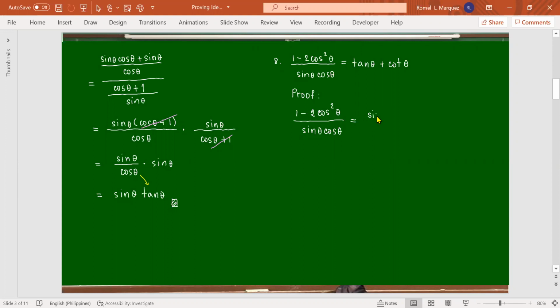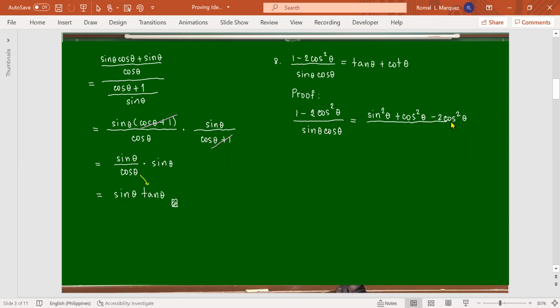So 1 is equal to sine squared theta plus cosine squared theta. Is that incorrect, guys? Remember, sine squared theta plus cosine squared theta is equal to 1. Then minus 2 cosine squared theta.